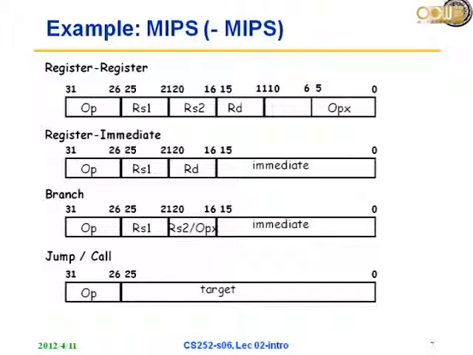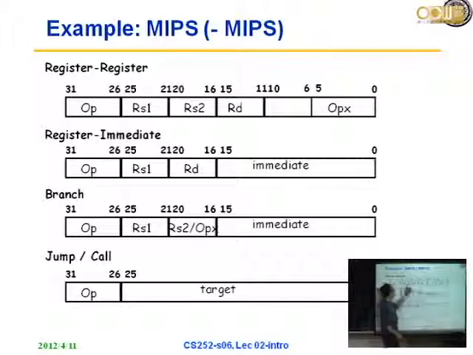And they use this for the name of this product or company, okay? So for the MIPS instruction set, we categorize all the instructions into four types. The first type is register. Your source 1 should be from register, source 2 from register, and this is a destination.